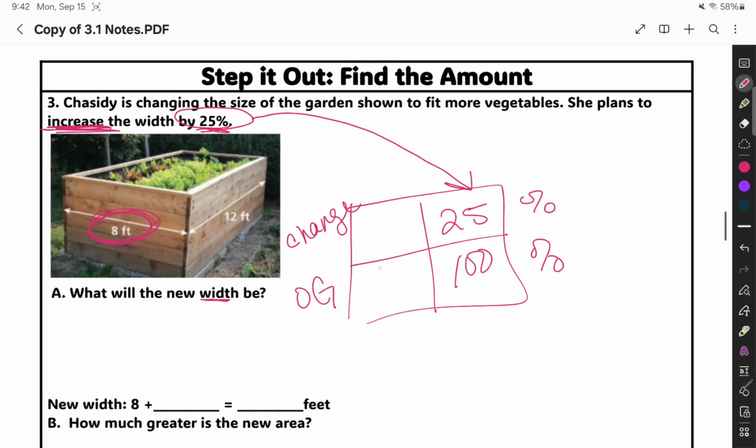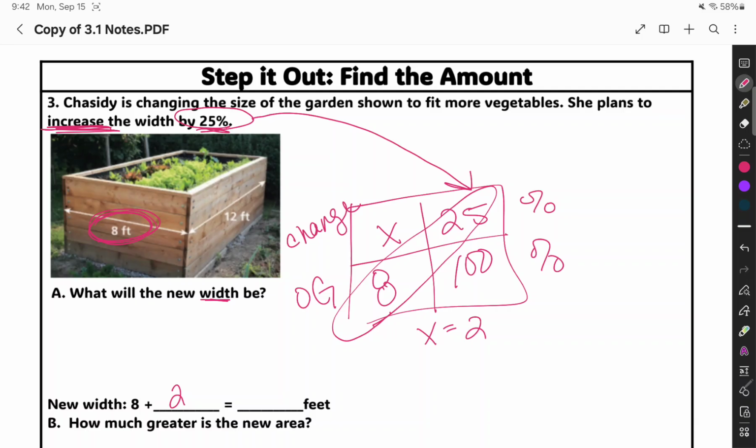I know I have the original amount, which is 8, which means I'm looking for the amount of change. And from there, I'll be able to find the new width. So we can multiply 8 times 25, which is going to give me 200, divided by 100, which will leave me with 2. So x equals 2.